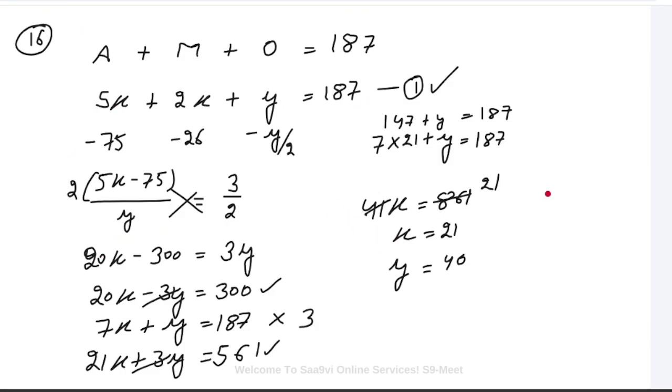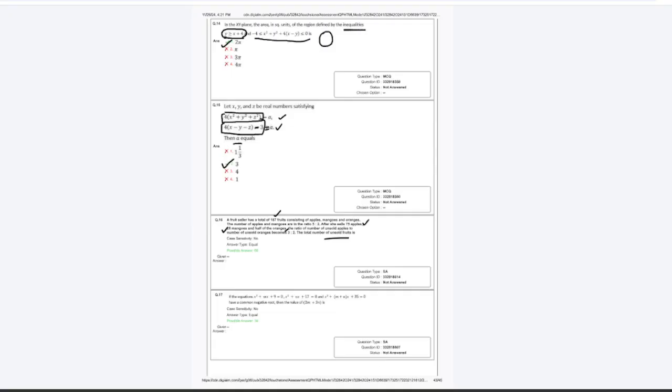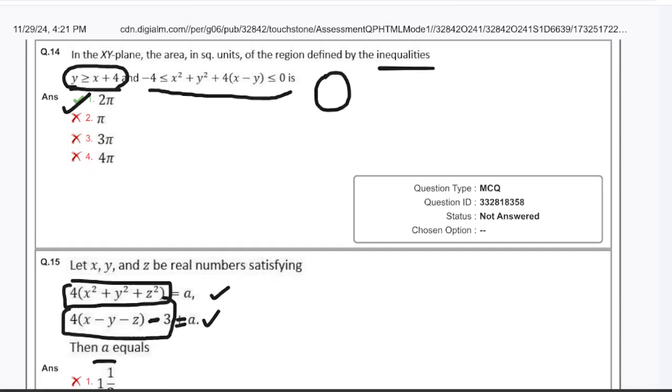The total was 187 minus 75 and 26, that is 101. And y by 2, that is 40 by 2, 20. That means the remaining is 66. So 66 fruits are still unsold. That is the answer to my 16th question, 66. That is the answer here.